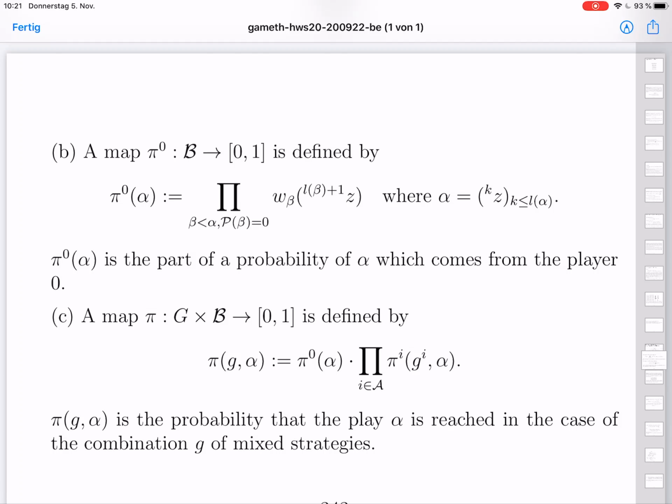And again, one can formulate a lemma. If I restrict this to the final plays, so maybe I try to write the lemma here.